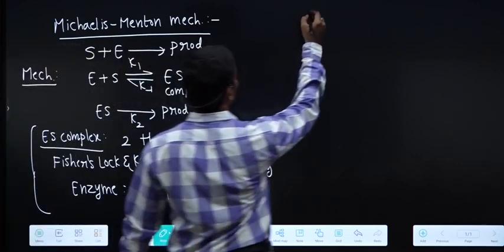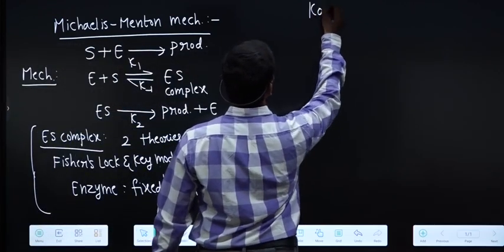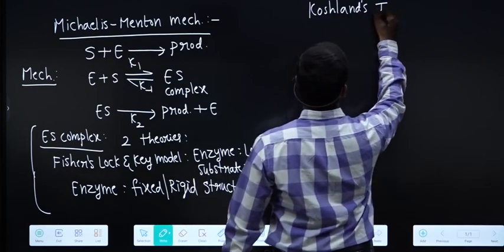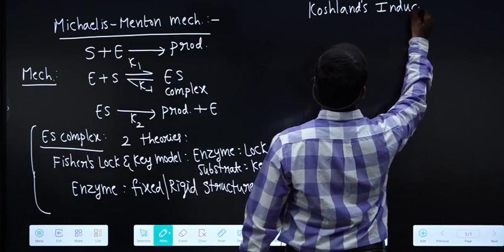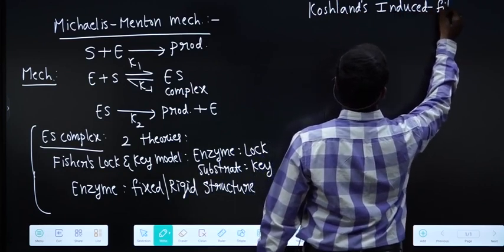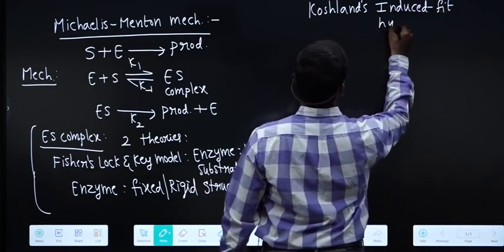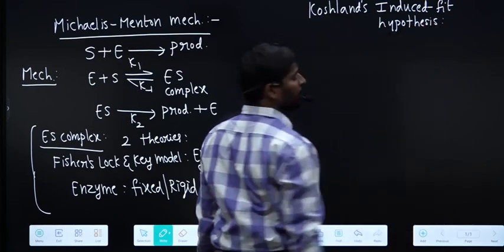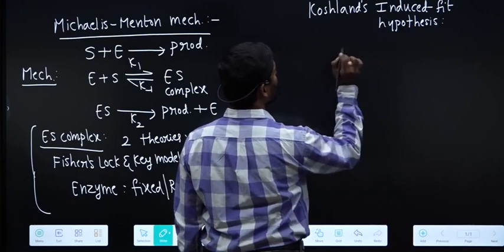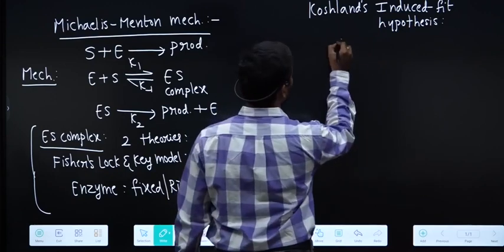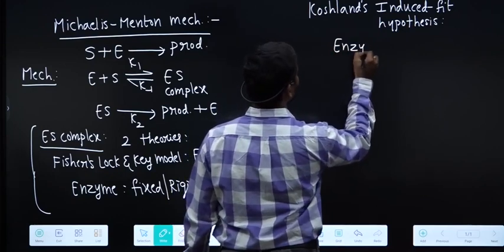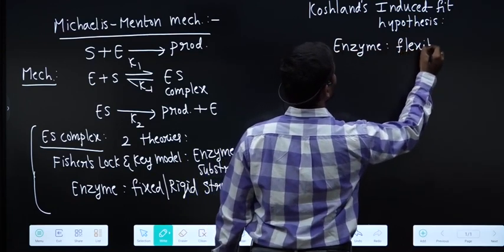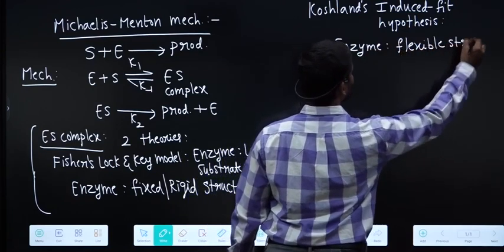And another theory we have, that is Koshland's induced fit hypothesis. According to this model, what type of structure does the enzyme possess? The enzyme possesses a flexible, non-rigid structure.